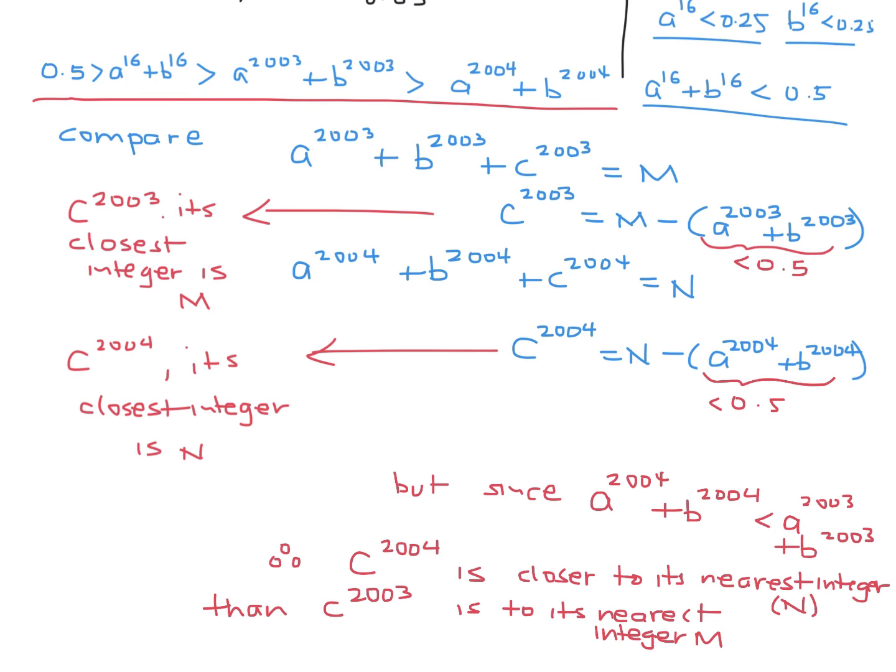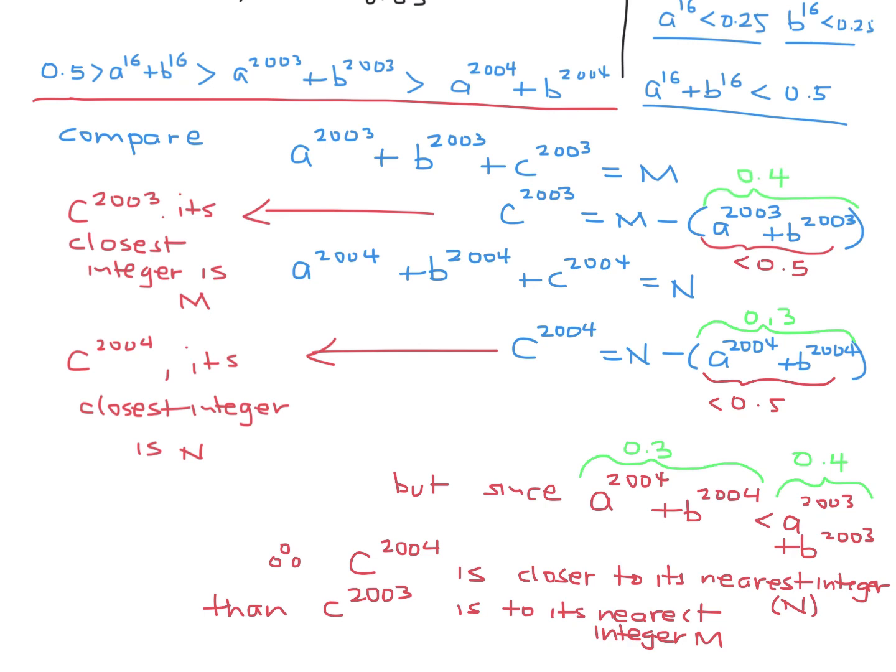Let's say this here is, say, 0.3. This whole thing. Well, it's less than this, right, according to this inequality. So a to the power of 2003 plus b to the power of 2003, let's say it's 0.4. Well, putting those back in here, this in here, let's say it's 0.3, and then therefore this in here has got to be something a little bit bigger, 0.4.